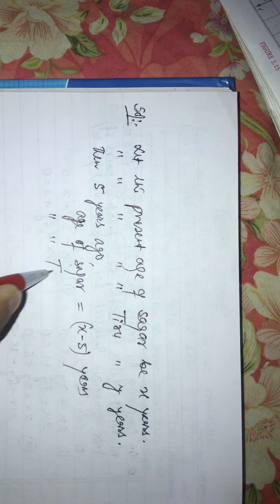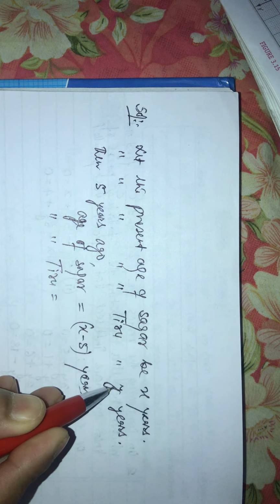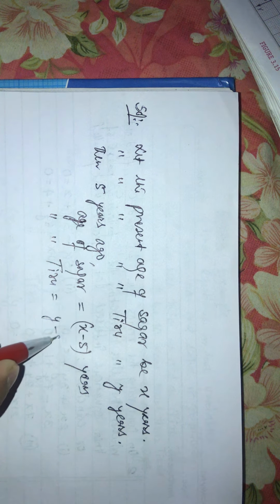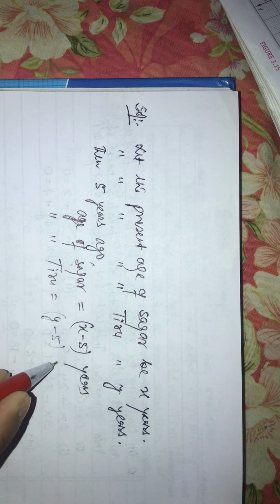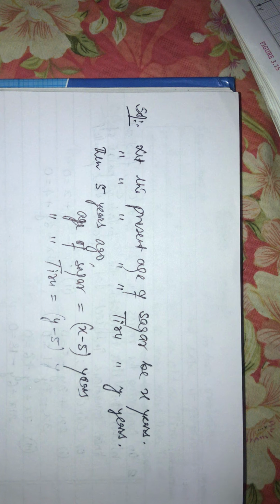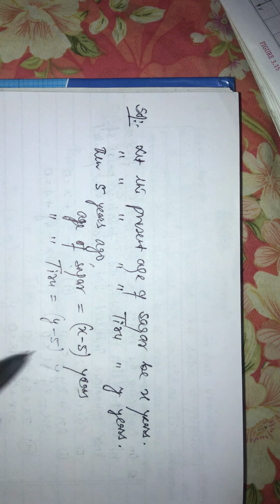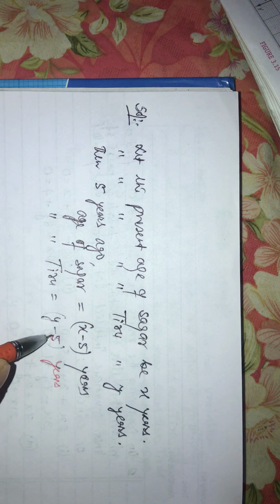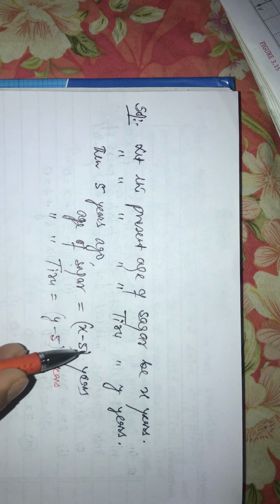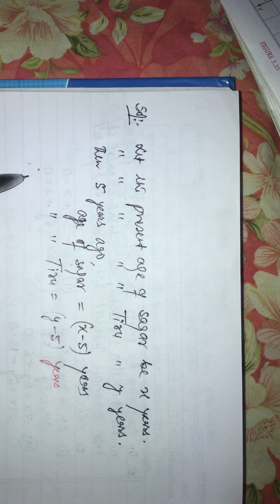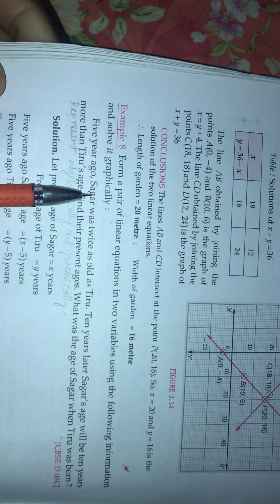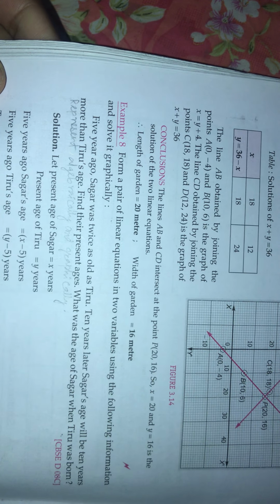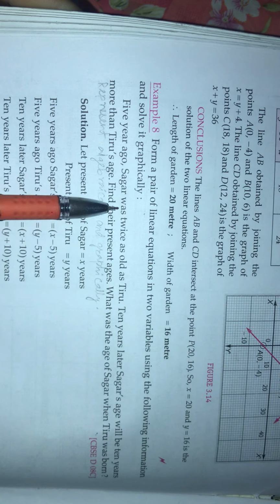Similarly, the age of Tiru was y at present, so we will subtract 5 from y: y minus 5 years. So we got their ages 5 years ago. Now the comparison. What was the comparison? According to the question, 5 years ago Sagar was twice as old as Tiru. Look here, Sagar was twice as old as Tiru. So we'll go for that.